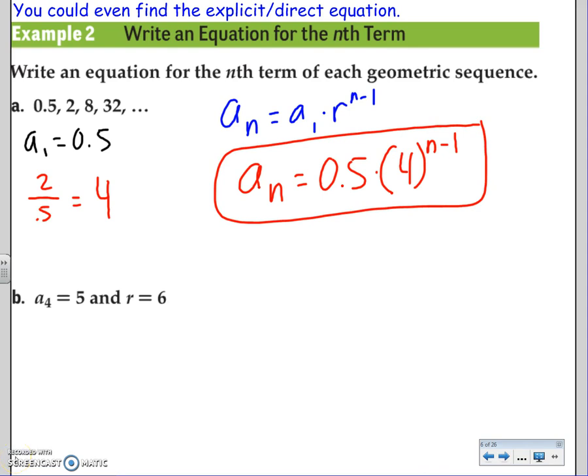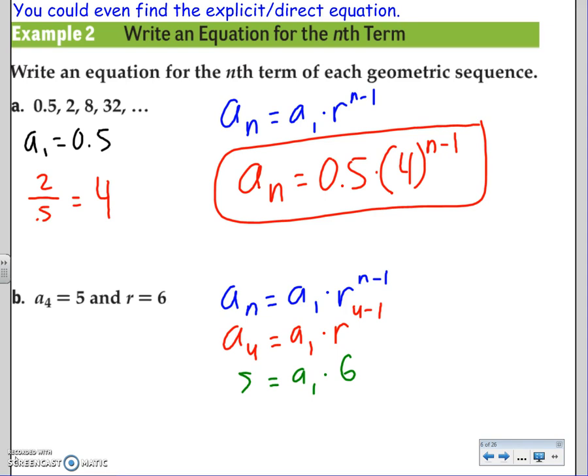Alright, we do the same thing here. We also work backwards, so let's try this. a sub n equals a sub 1 times r to the n minus 1. Well, we know a sub 4, so a sub 4 equals a sub 1, which I'll find, times r to the 4 minus 1. Then what we know, a sub 4 is 5. 5 equals a sub 1 times 6 to the 4 minus 1, which is 3. 6 cubed, well, hopefully you know 6 to the 3rd power is 216, times a1.